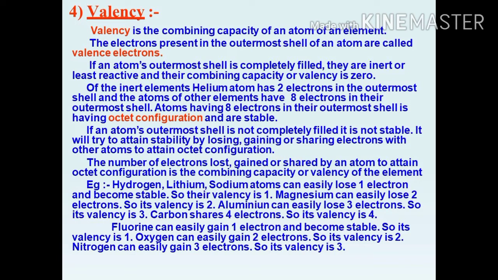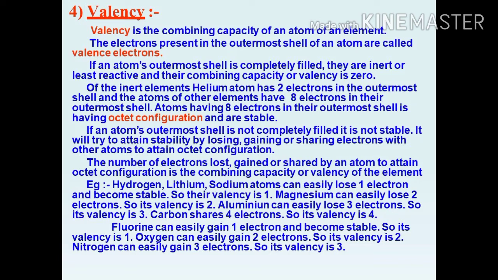If the outermost orbit contains 8 electrons, the atom is more stable in nature. If the number of electrons is below 8, the atom is unstable in nature.